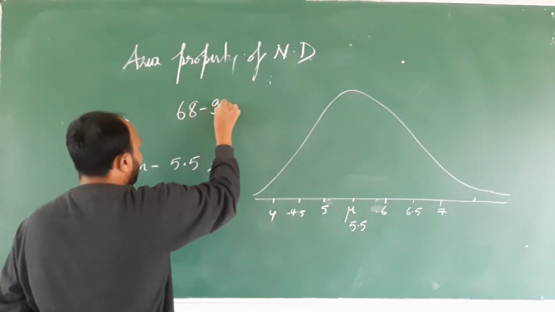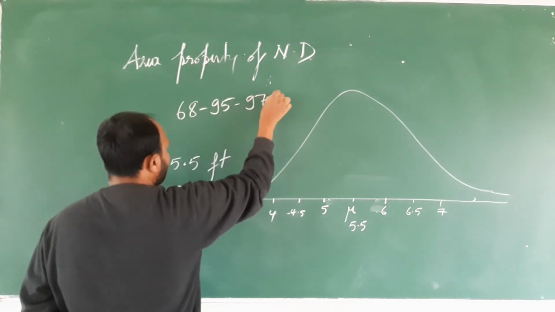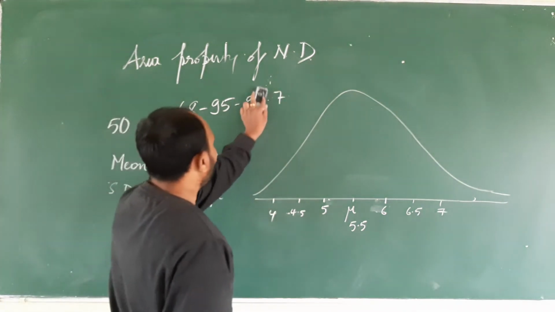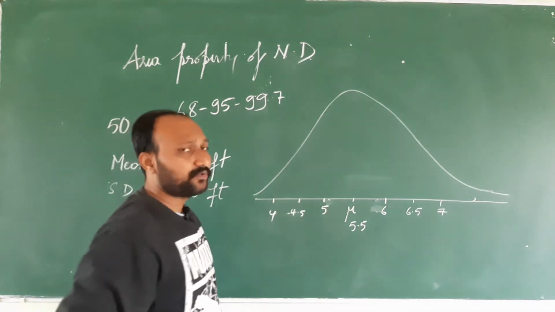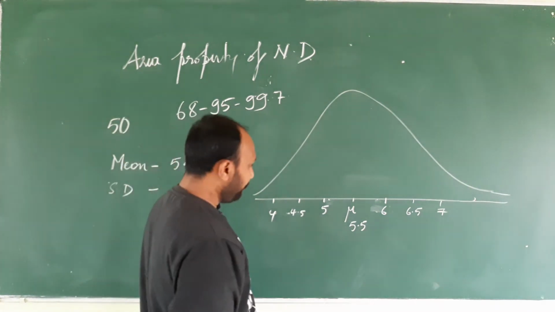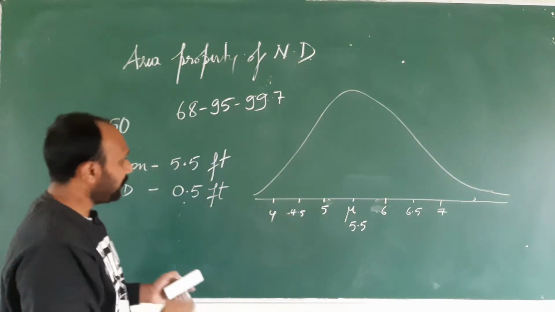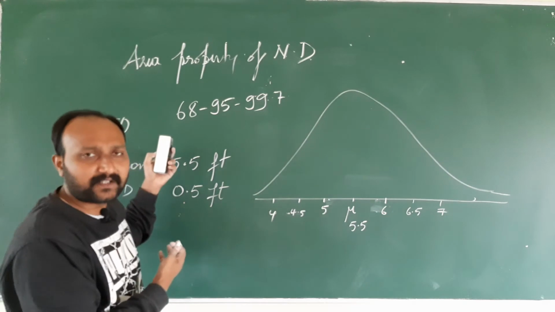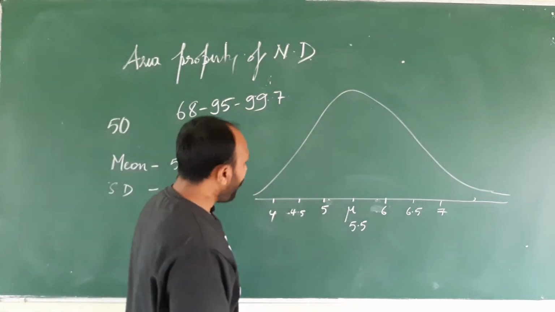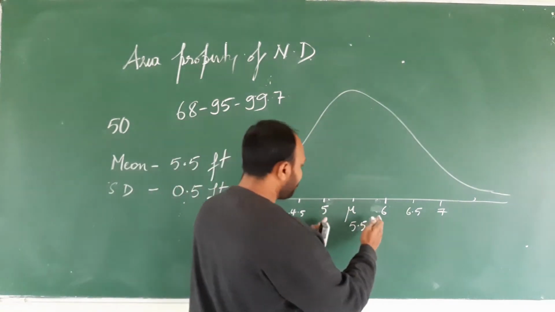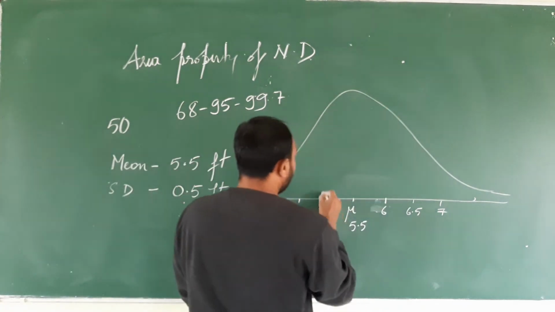So what is this 68, 95 and 99.7 rule? It says that if you study the height of these 50 students, for example, almost 68% of them come within the first standard deviation, that is like this.